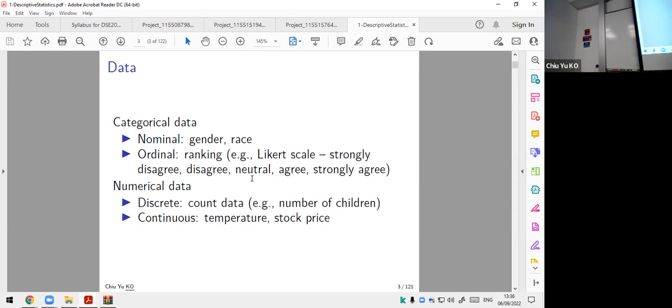Let me talk about this, and before that I will talk about some caveats on why we need to distinguish carefully. The first one is categorical data, called gender and race.